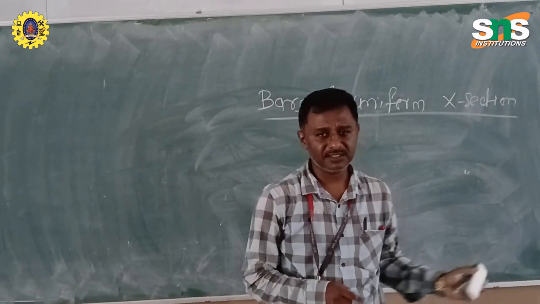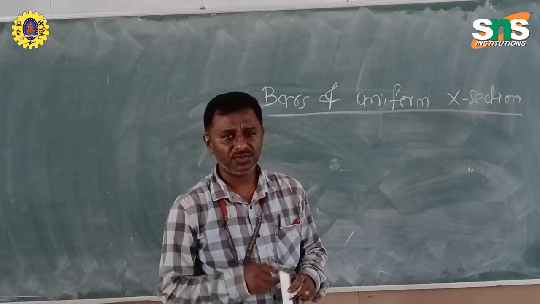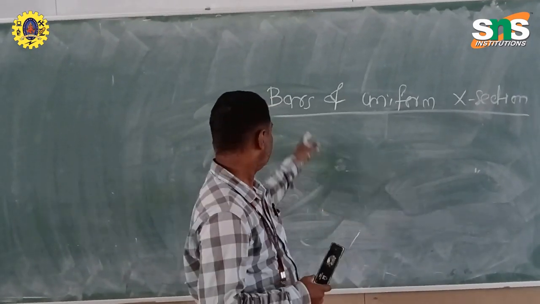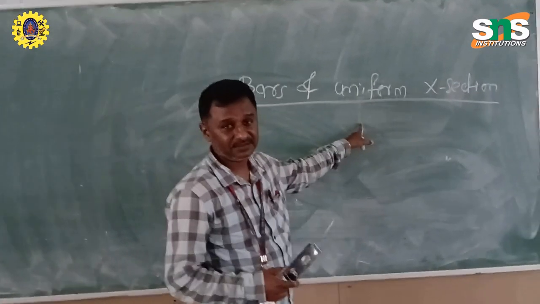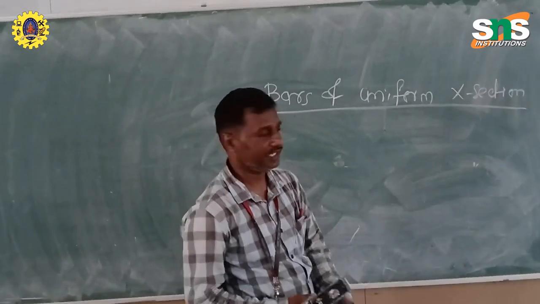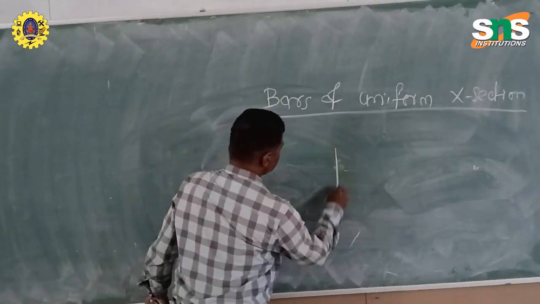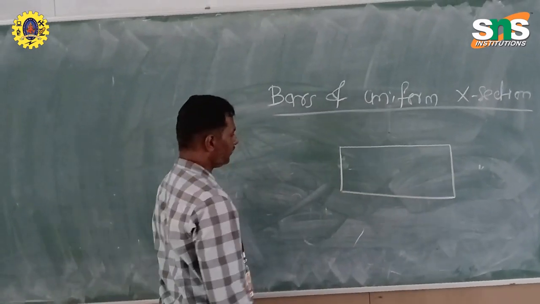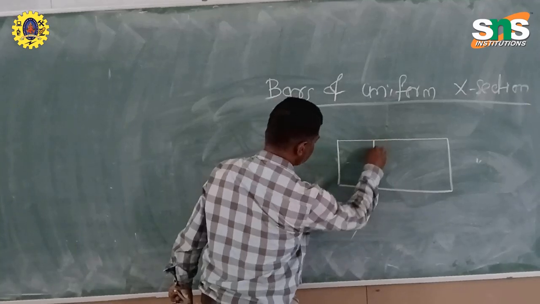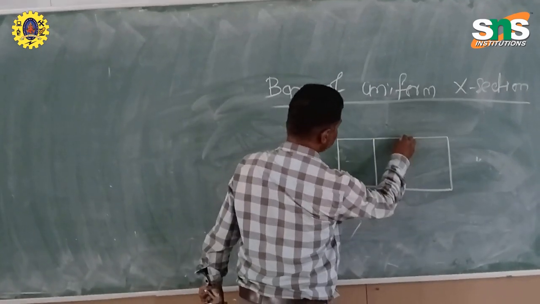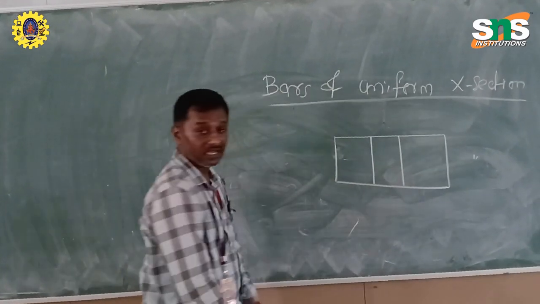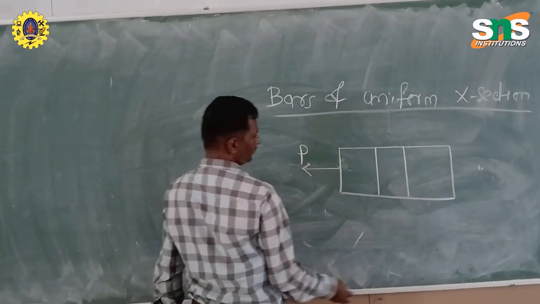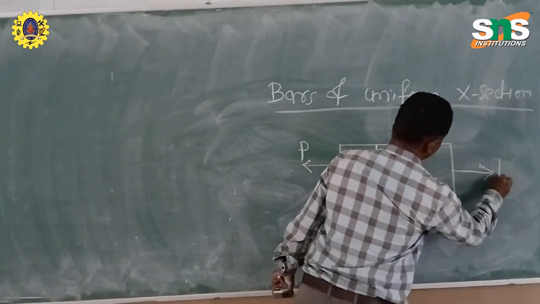All for this class. Today we are going to learn about the solid mechanics class, loads on bars of uniform cross-section, in solid mechanics. Here we are going to take a bar consisting of two or three different sections, and it is subjected to a load P. Here also the load is the same.